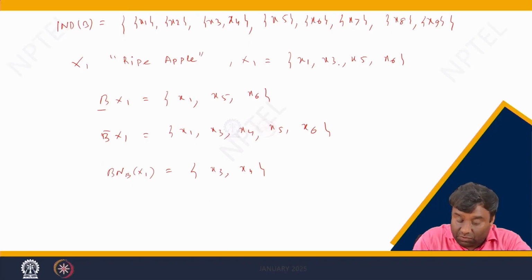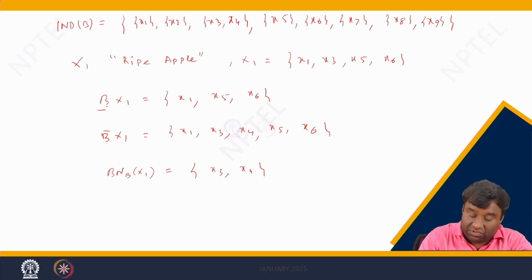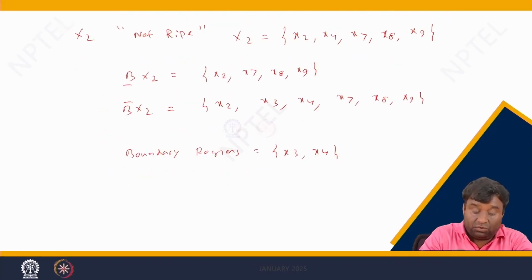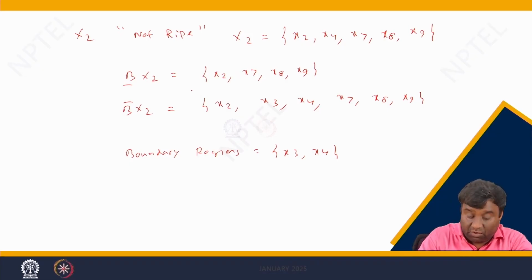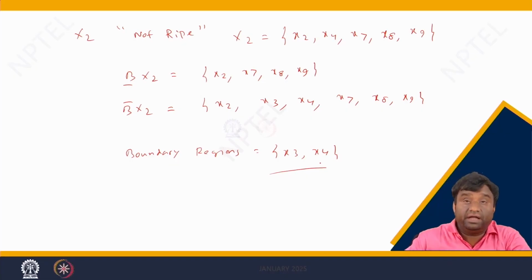For the lower approximation, we find x1, x5 and x6. For the upper approximation, the intersection is non-null, so x3 and x4 will be added. The boundary region is x3, x4. Similarly, try for not ripe. X2 is x2, x4, x7, x8, x9. Here also you get the complete subsets. The lower approximation is x2, x7, x8 and x9, and x3, x4 will be added for the upper approximation. Again the boundary region is x3 and x4.